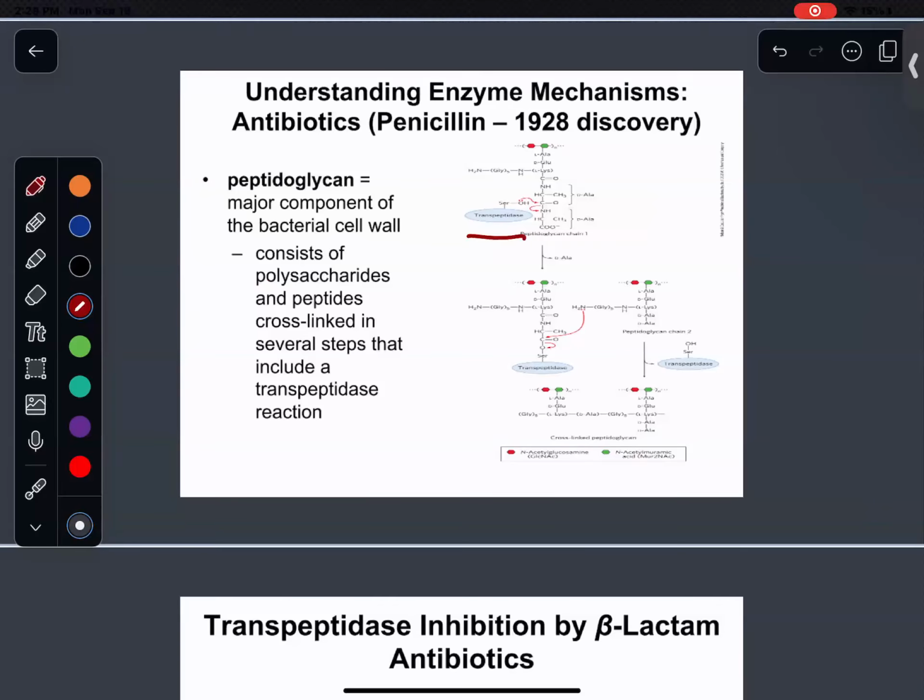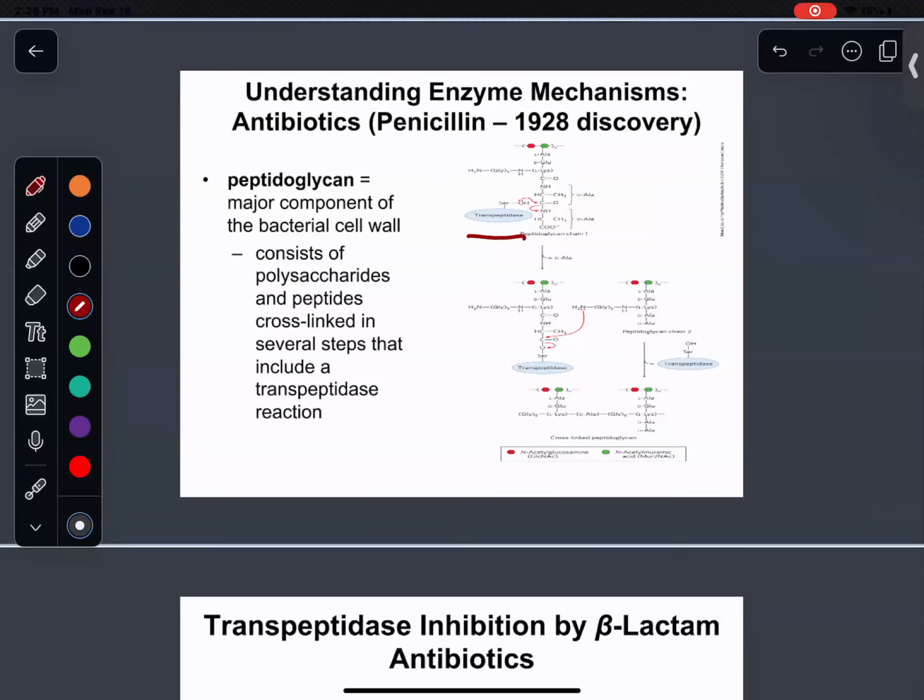The main idea here is that by using antibiotics, we target that enzyme and render it useless. If we can't use that enzyme, we're not going to make any of the peptidoglycan we need for the bacterial cell wall. The bacterial cell wall will break down and the bacteria will die.